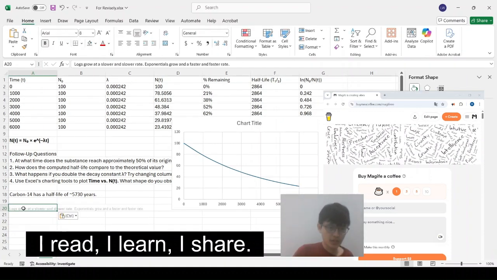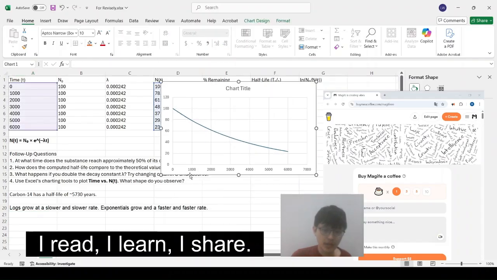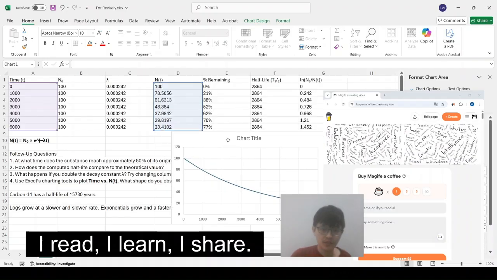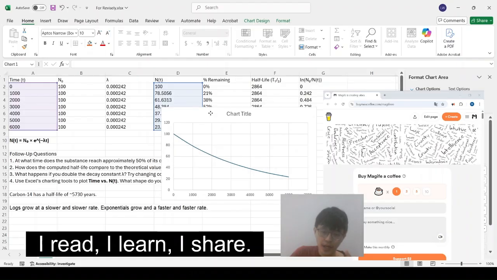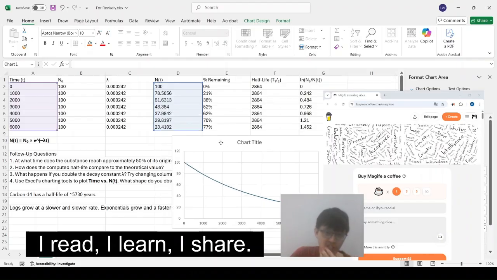So here is the explanation. Log basically grows at a slower and slower rate. Exponential grows at a faster and faster rate. So yes, it is exponential because it decays at a faster rate.